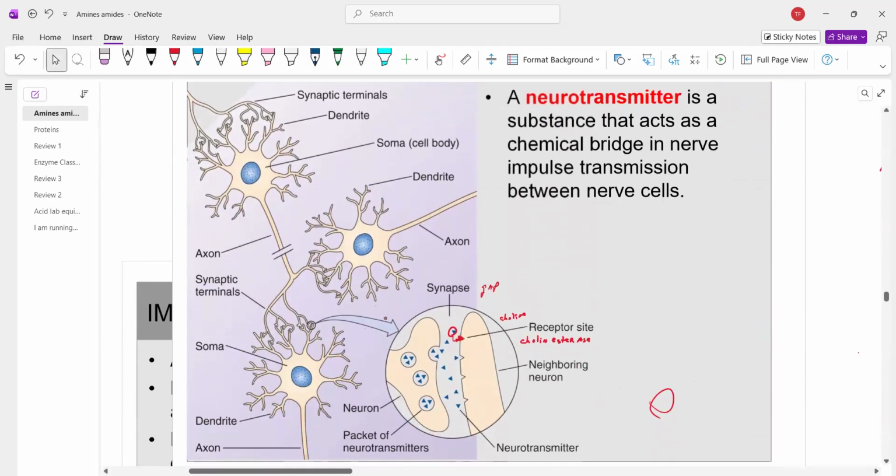There's a lot of biochemicals that have nitrogen in them. A lot of the neurotransmitters are nitrogen based.